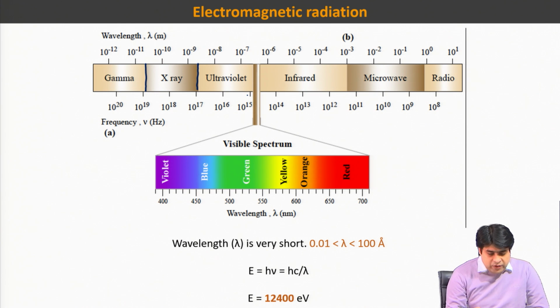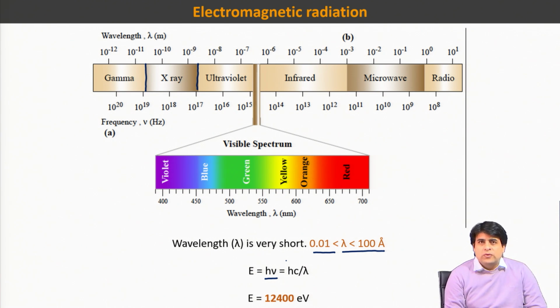The wavelength of X-ray is between 0.01 angstrom and 100 angstrom, and the energy is directly proportional to the frequency. So, you can write E is equal to h nu, where nu is the frequency, or you can write h c by lambda, where h is the Planck constant, c is the speed of light and lambda is the wavelength.